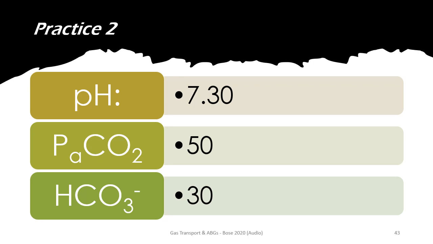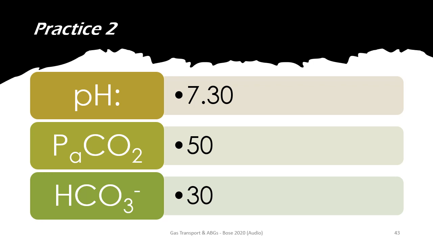So we can say that the PaCO2 is responsible for the pH being low, because PaCO2 is a respiratory impairment, because the lungs are not able to deliver on getting rid of the carbon dioxide, which is the acid. So it is respiratory acidosis.